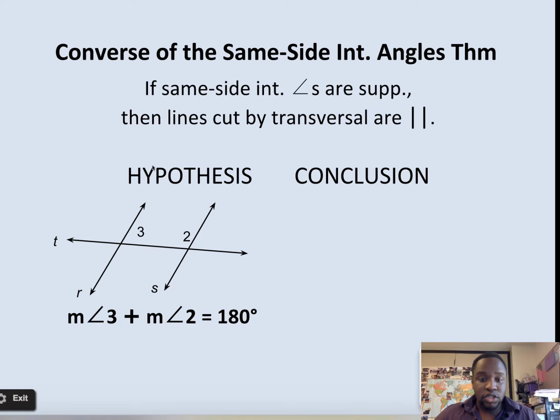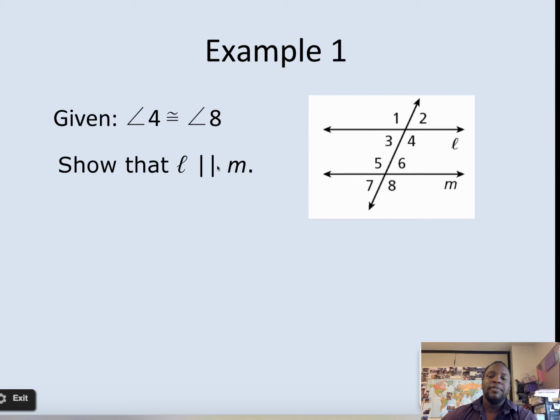So if these two are supplementary, then the lines cut by the transversal would be parallel. So if the measure of angle 3 plus the measure of angle 2 equals 180 degrees, then you know that the lines are parallel. All right, so enough theorem talk, let's get into some problems, some examples.